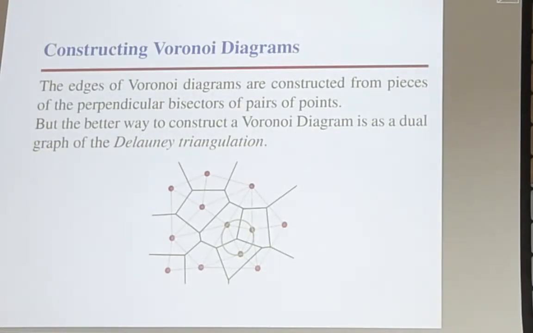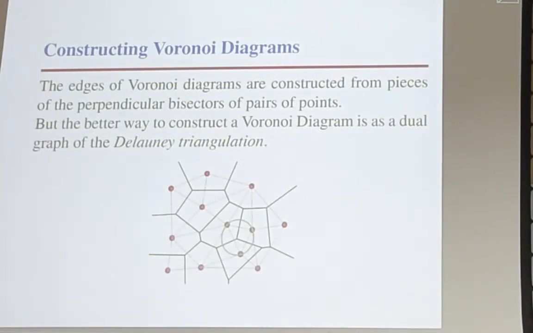So the other way to make these things is to find a very special triangulation and then use that to define the vertices of the Voronoi diagram as a dual. Okay? Does anyone know the name of that special triangulation?